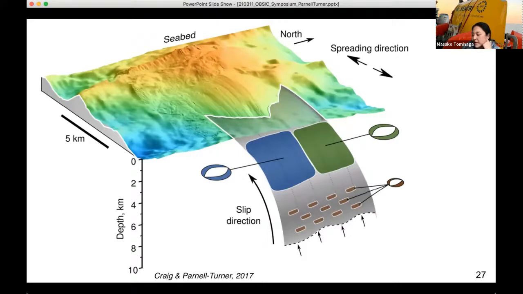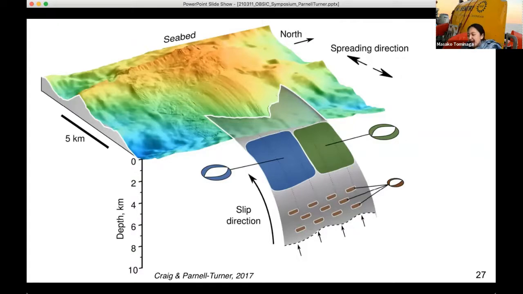That one cycle there seems to be very short, around 0.3 million years or so, whereas in your field here at 13 North, you said 2 million years slipping. So have you had any thoughts on what controls this slipping duration?